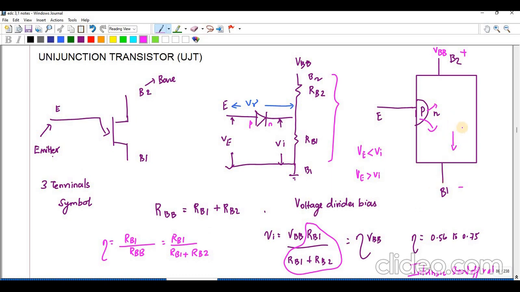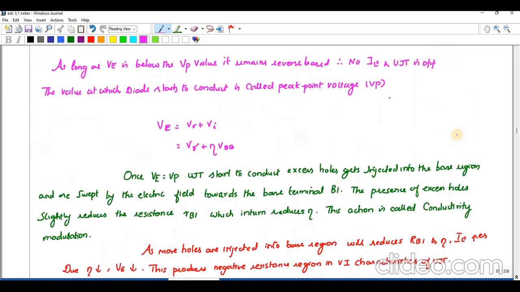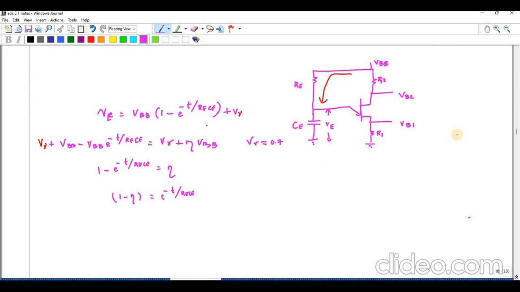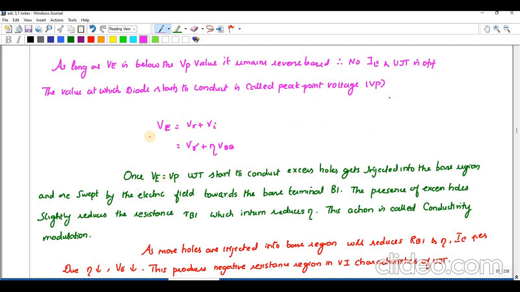So as long as VE is below VP, the diode remains reverse biased, no emitter current will flow, and therefore the UJT is off.